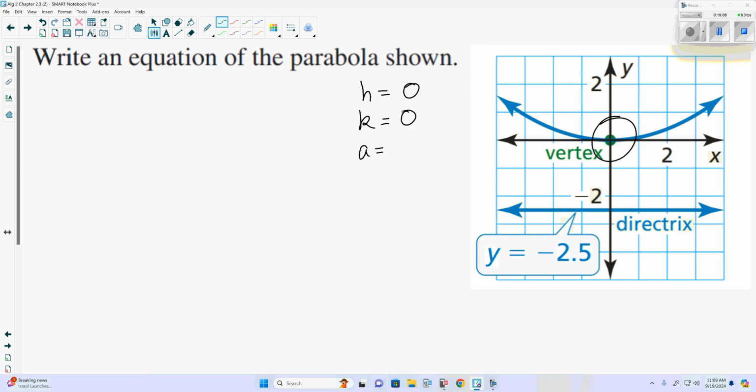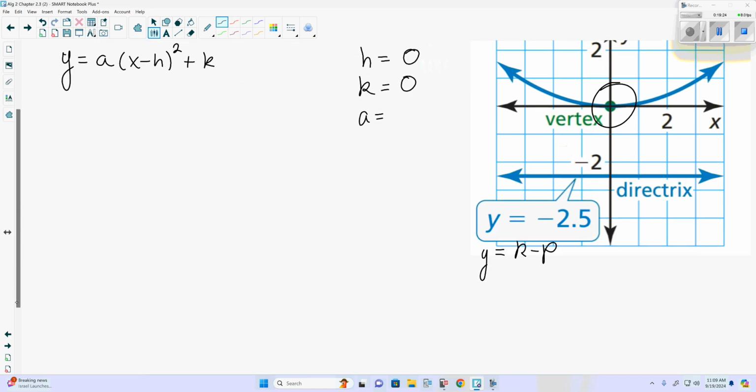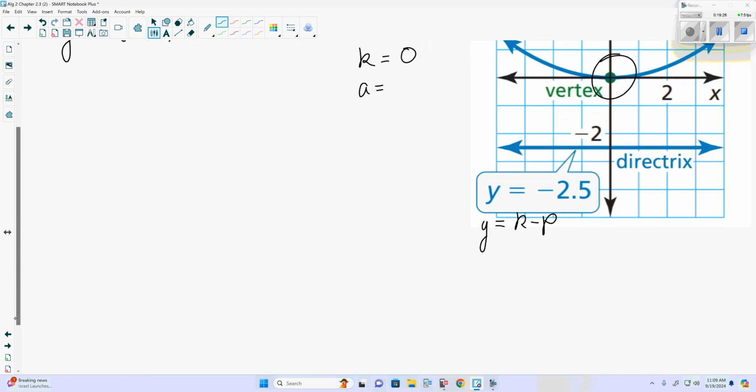They told us y is equal to negative 0.25. Well, k minus p. So it tells us that, but it also tells us that the equation is y equals a times x minus h squared plus k. So let's find p, then we can find a, and then we can find our equation.